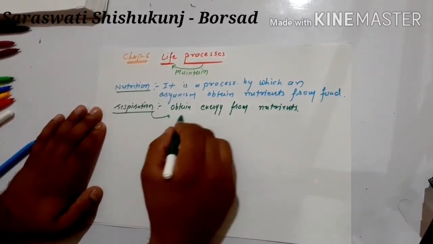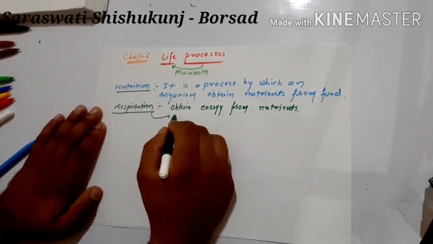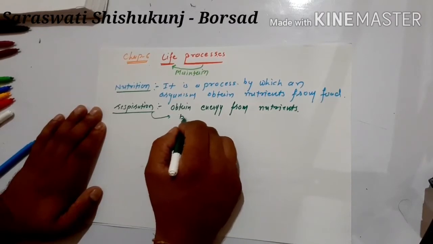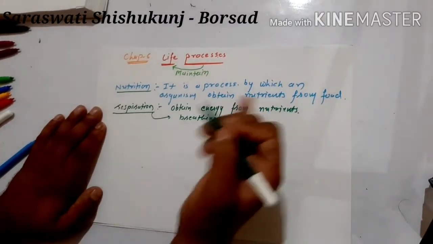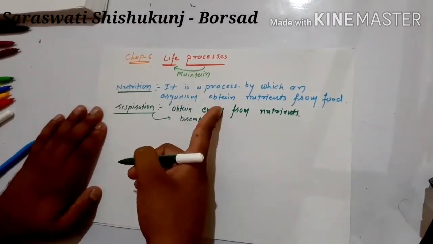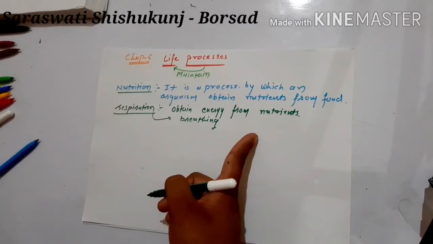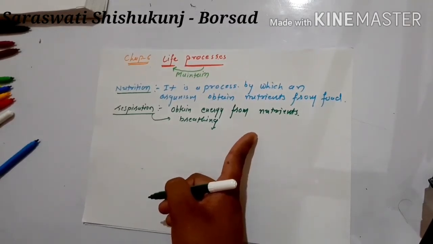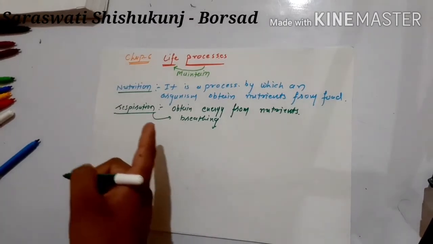And in this, our breathing process is one of the parts of respiration. First we obtain the nutrients, that is our nutrition. Then the obtained nutrients will be used to obtain energy, that will be considered as our respiration.